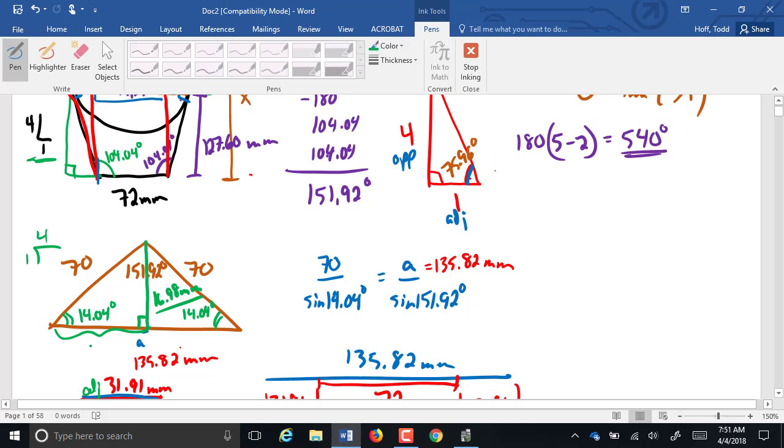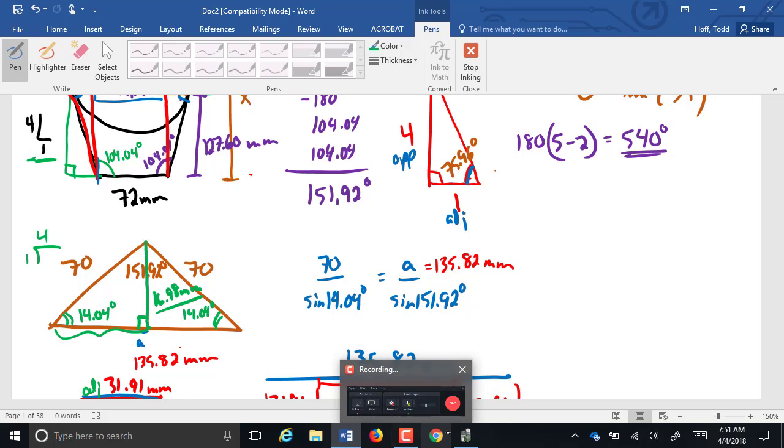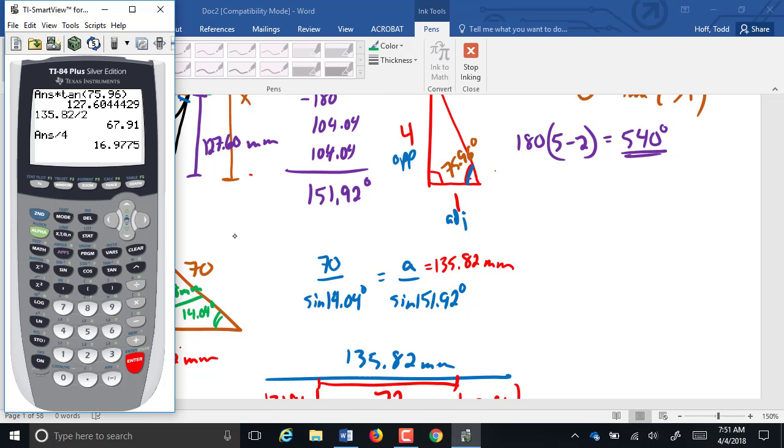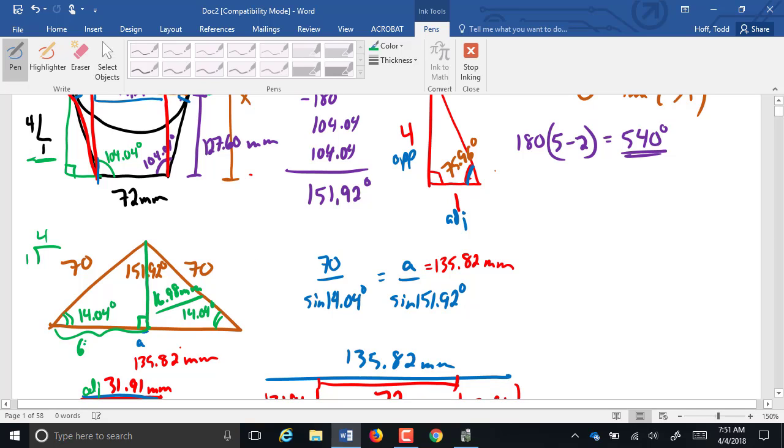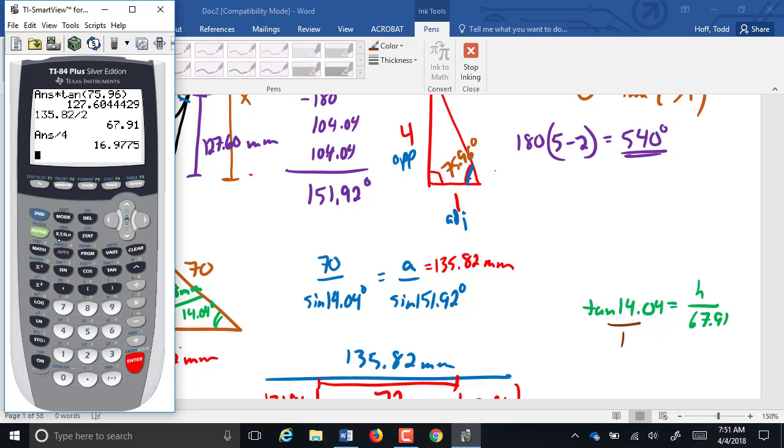So the 67.91 right here on 14.04 degrees. Tangent of 14.04 equals that height over 67.91, my adjacent side. And I cross multiply and divide. So tangent 14.04 times 67.91.